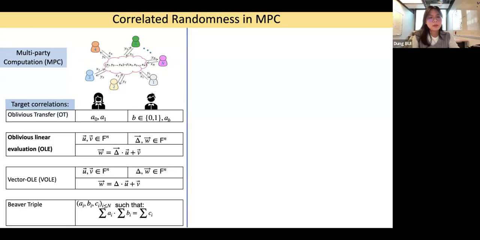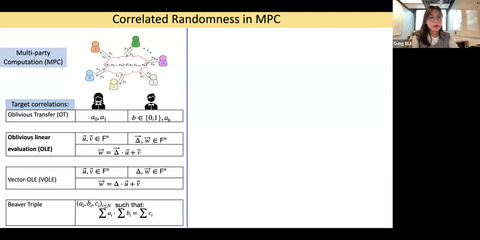And we also have Beaver triples. Beaver triples means that each party gets an additive bit share of a multiplication operation. For example, Alice and Bob get a_i, b_i, c_i, so that if you sum the products of a_i and b_i, you get the sum of c_i.